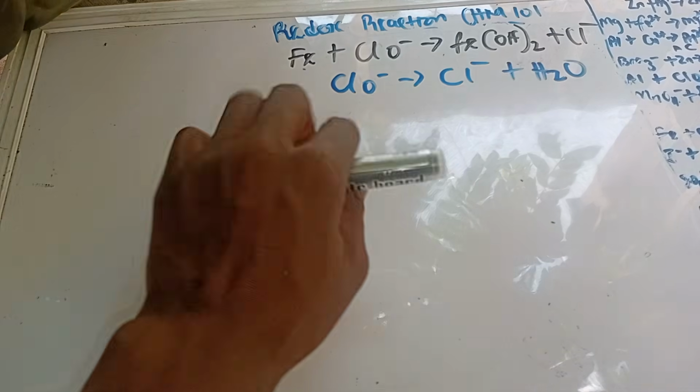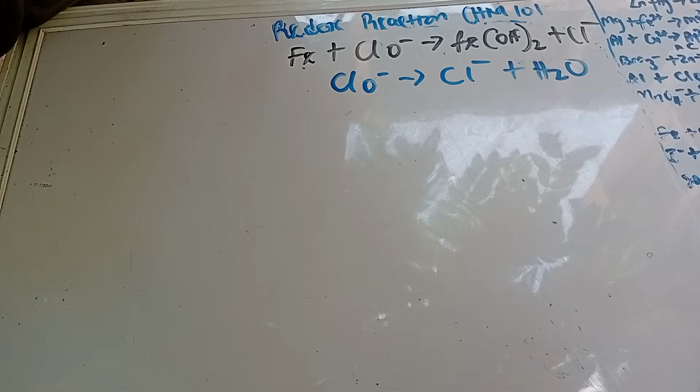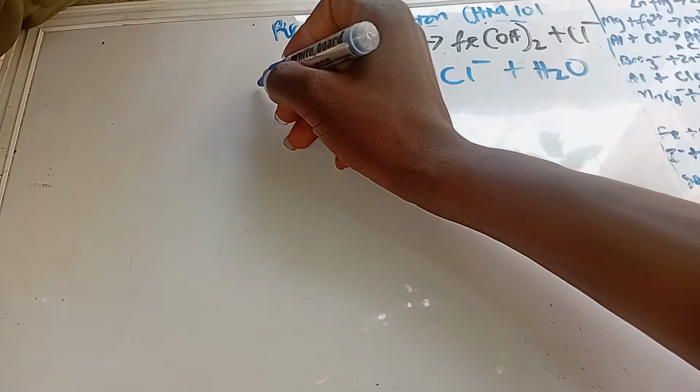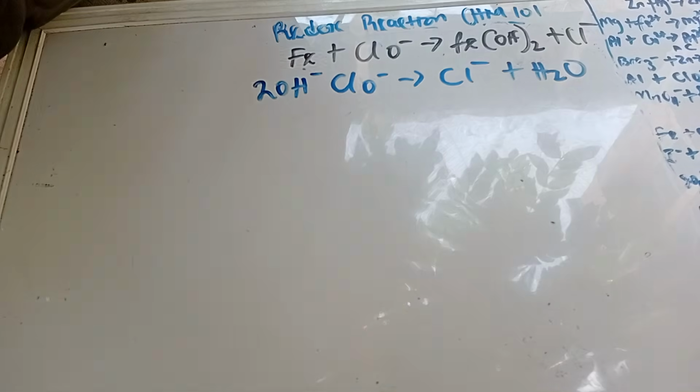Okay, let's add one H2O. Fine, so oxygen is balanced, right? Now for hydrogen, I told you in basic medium you are not adding hydrogen ion. What you are adding is hydroxide ion. So here let's add 2 OH-.